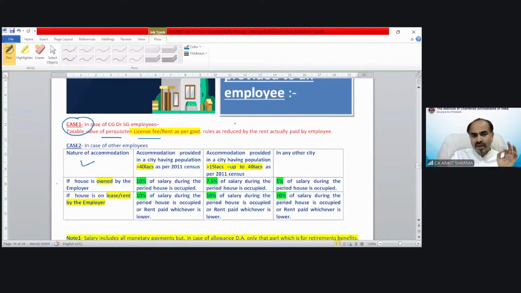Case 2, either house is owned by employer, own or rent. If population is more than 40 lakh, 10% of salary during the period the house is occupied. Of course, if a rent-free house has been provided for 7 months, then we will take the 7-month salary 10%. If the population is more than 15 up to 40, 7.5%. Other city, that means up to 15 lakh, it's 5%. Rental case, always the same, 10% of salary during the period or rent paid, whichever is lower.